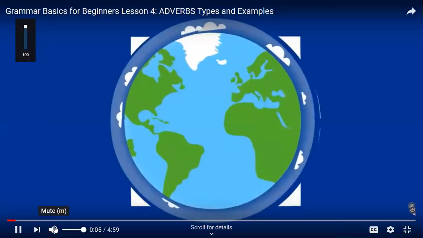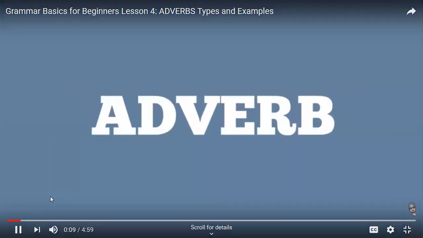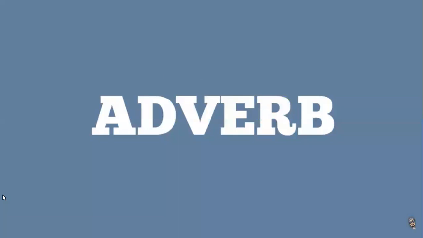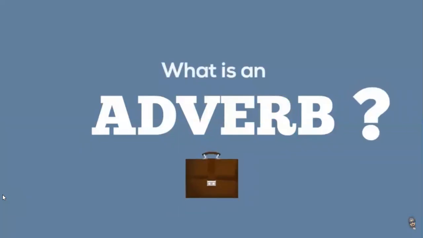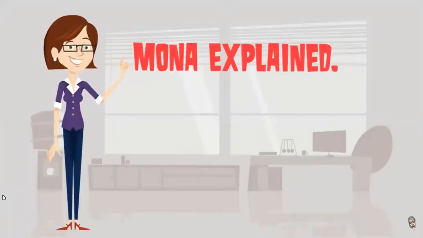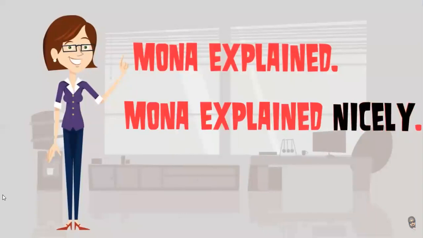Humans on planet Earth, welcome back. Today, the adverb. But what is an adverb? This is a very simple sentence with a subject and a verb. Mona explained. If you want to know how she explained, Mona explained nicely.